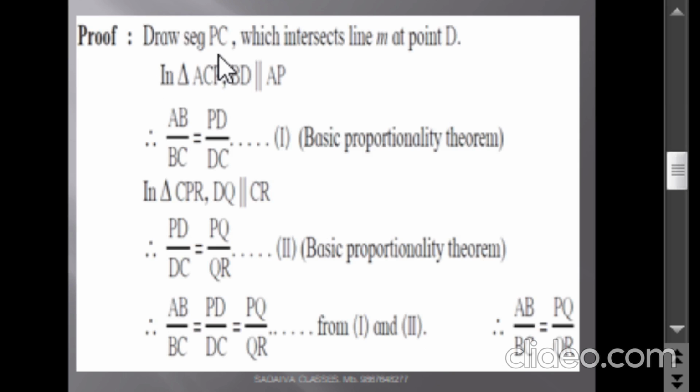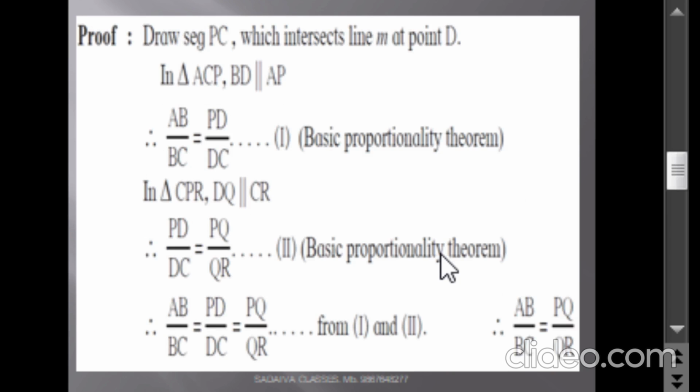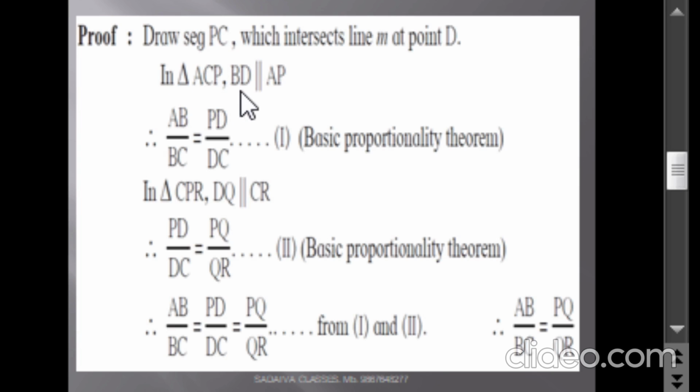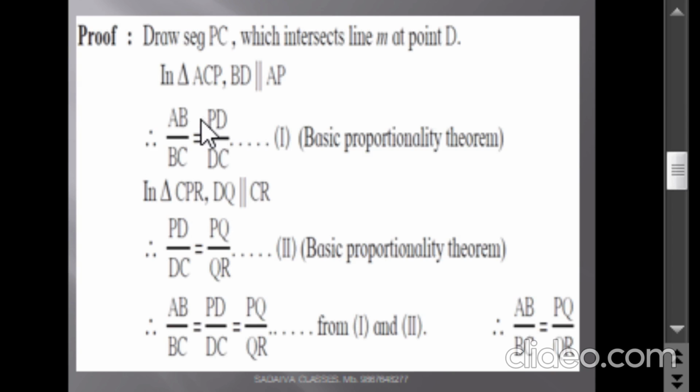Now you have to draw segment PC which intersects line M at point D. Then in triangle ACP, this line BD is parallel to line AP.